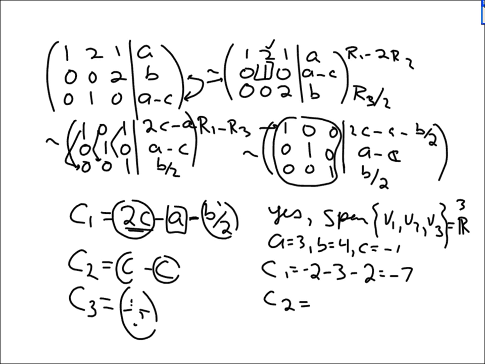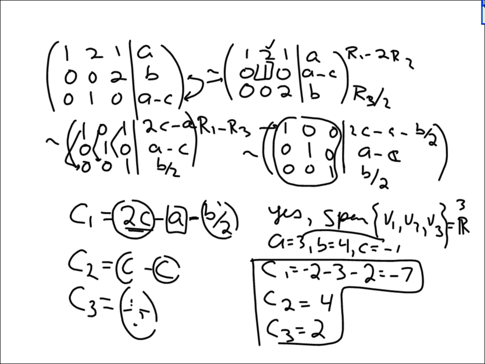And C2 would be A minus C. It would be 3 minus -1, which is 4. And C3 is just half of B. It's B over 2. 4 over 2 is 2. Now, I claim that those are the coefficients that will get me the vector 3, 4, -1. But let's see if I'm out of my mind or not.